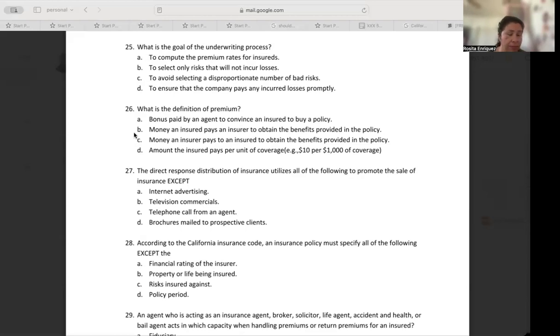Okay. So, 25. What is the goal of the underwriting process? See, we have our keyword again. Underwriting process. So what is the goal? It is to ensure that the company pays any incurred losses promptly. Okay. Oh, I'm so sorry.